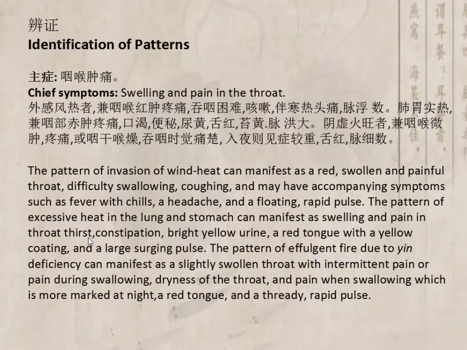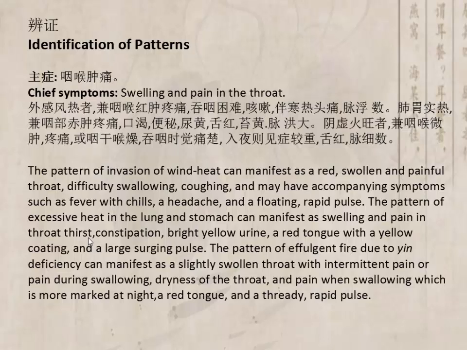Again, remember, stomach is really yangming heat, so we're combining that with interior heat, which would be constipation, yellow, scanty urine. Often there may be a fever as well. We said high fever. There may be sweating. A large surging pulse or tidal pulse is an excessive internal heat pulse.